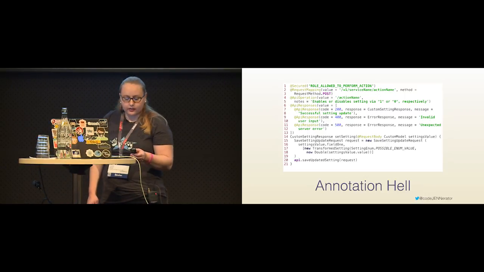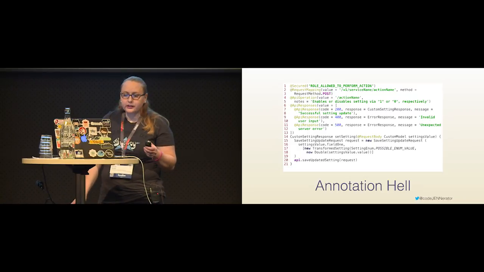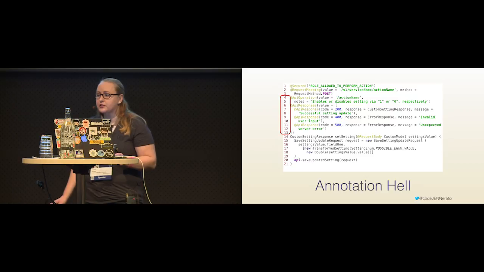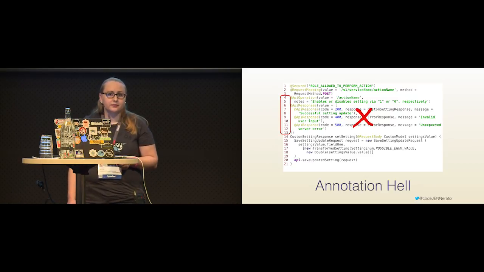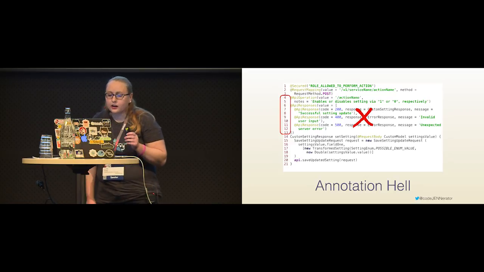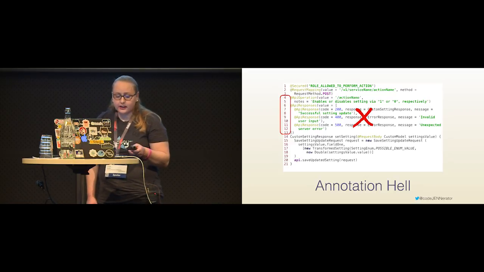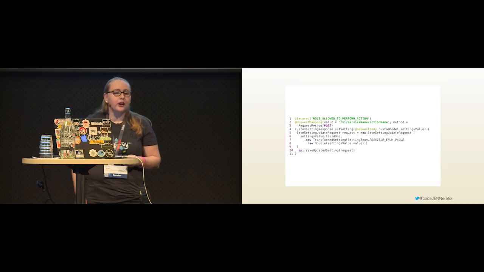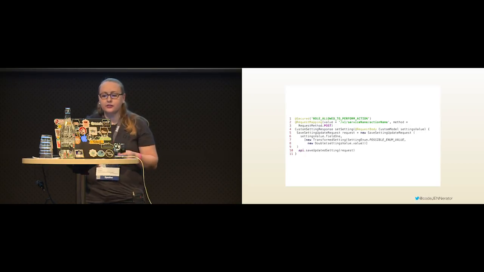So this may be a little bit difficult to read because all of these annotations are just related to the data model. And there's no verification that this is even correct. So if we take out those extra annotations, we get something that's much smaller. If you amplify that across a huge project with lots of endpoints, that's a lot of extra code, and it makes everything harder to read.